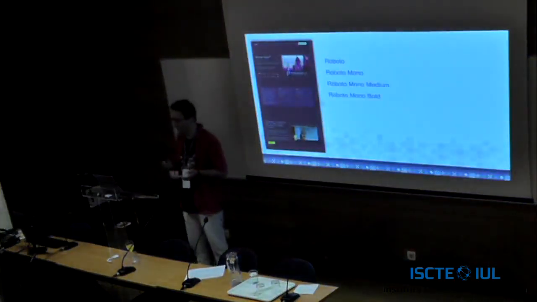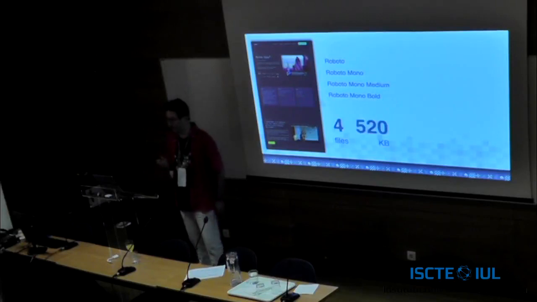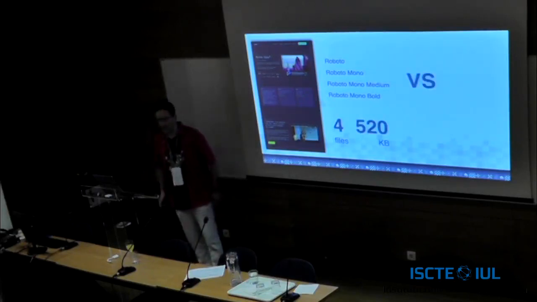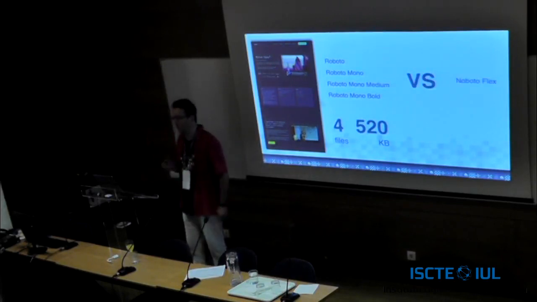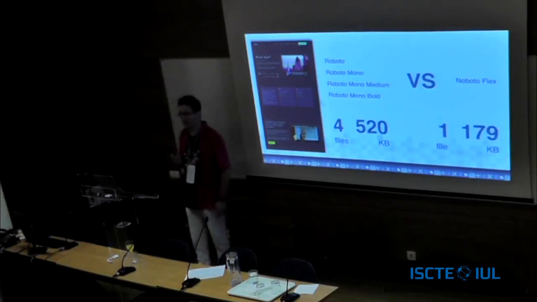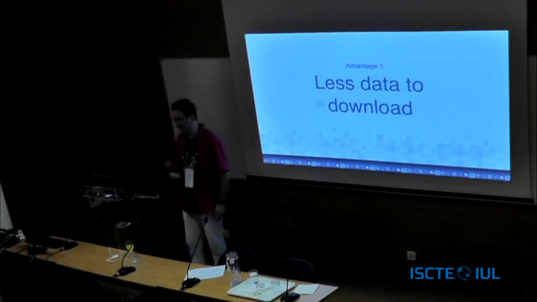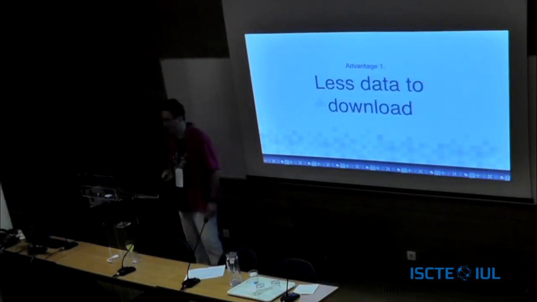This way, he used Roboto, which means he has to use Roboto Mono Medium and Mono Bold files, more than 500 kilobytes. But he could have used Roboto Flex, which is a variable font, only one file, and less than 200 kilobytes. So our first advantage with variable fonts: less data to download, fewer files and smaller files.